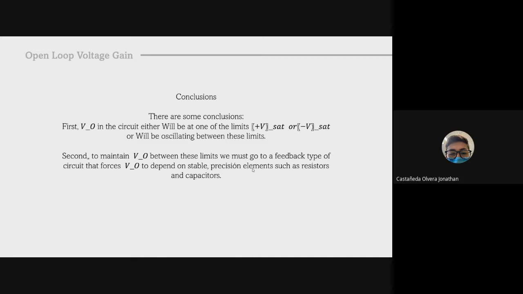And second, to maintain the output voltage between these limits, we must go to a feedback type of circuit that forces the output voltage to depend on stable precision elements such as resistors and capacitors.